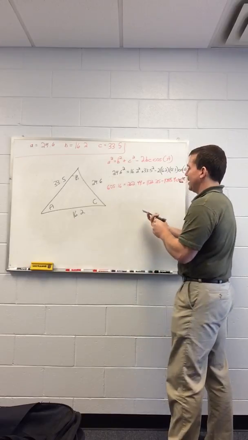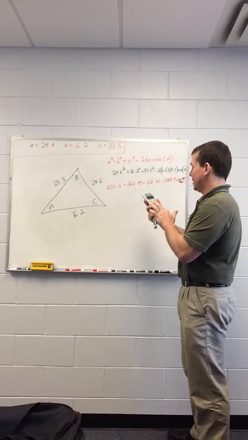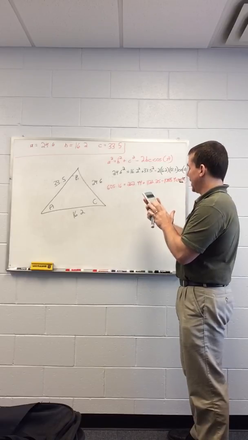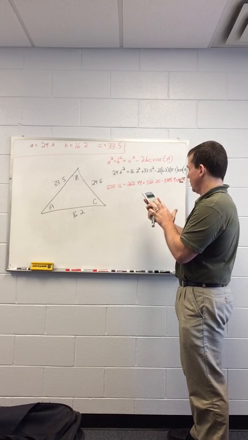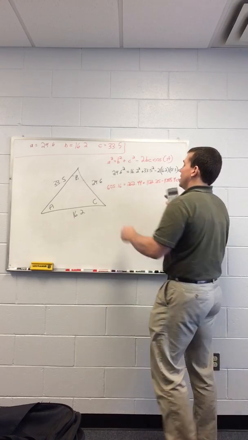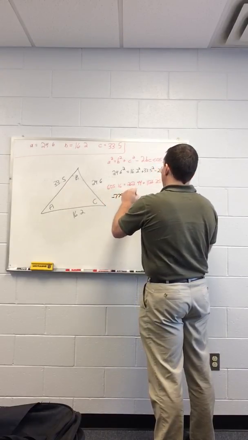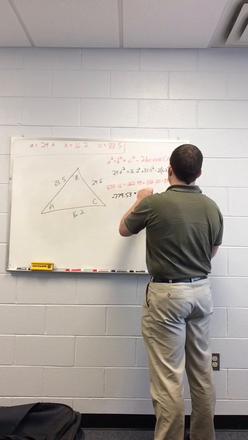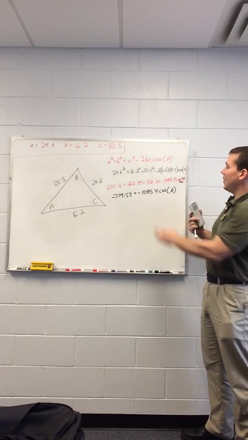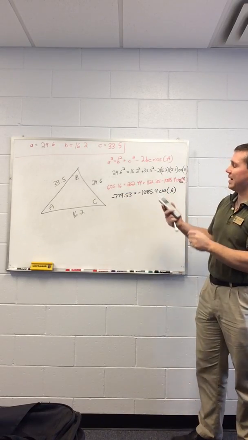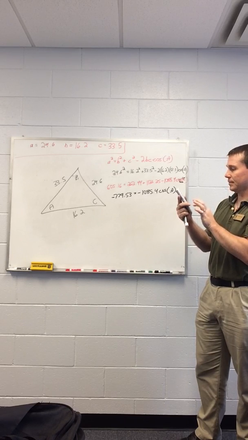So just doing it all in my calculator, I'll get 605.16 minus 262.44 minus 1122.25 equals negative 779.53 equals negative 1085.4 cosine A. Now, we're isolating cosine A, so divide by the negative 1085.4.